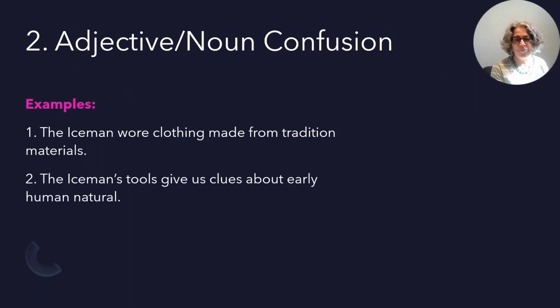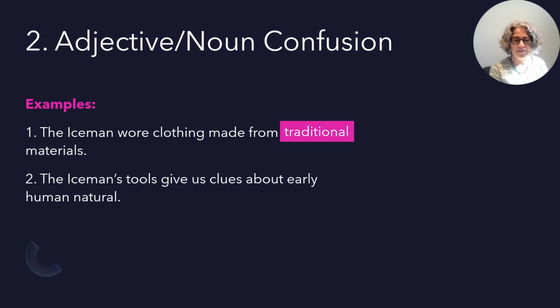Next, let's examine some adjective and noun confusions. In the first sentence, the Iceman wore clothing made from tradition materials. We have tradition, a noun, before materials, and an adjective would be much better.